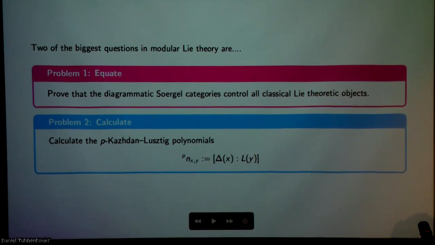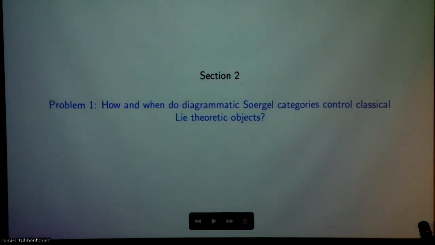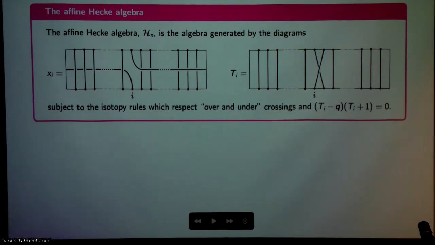So let's look at problem 1. I gave you 2 problems. Here's the first. I'm going to define the affine Hecke algebra to be a diagrammatic algebra, which is just take these pictures, concatenate them on top and bottom, and use these relations. That is the affine Hecke algebra.